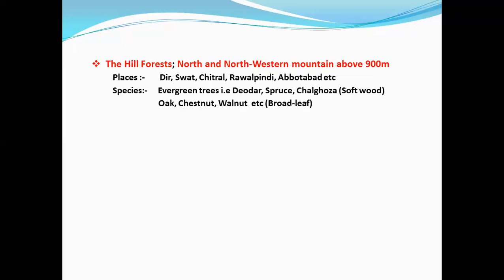The deodar is particularly valuable timber. It can be used for housing, building, and for making railway sleepers. There are also hardwood trees: oak, chestnut, walnut, etc. They have broad leaves.